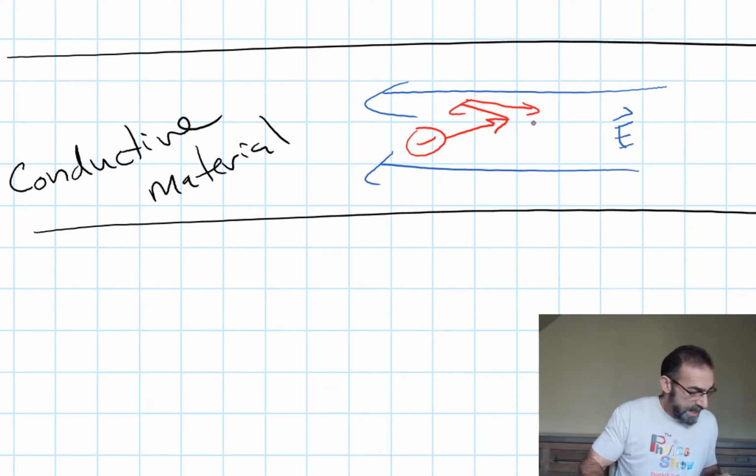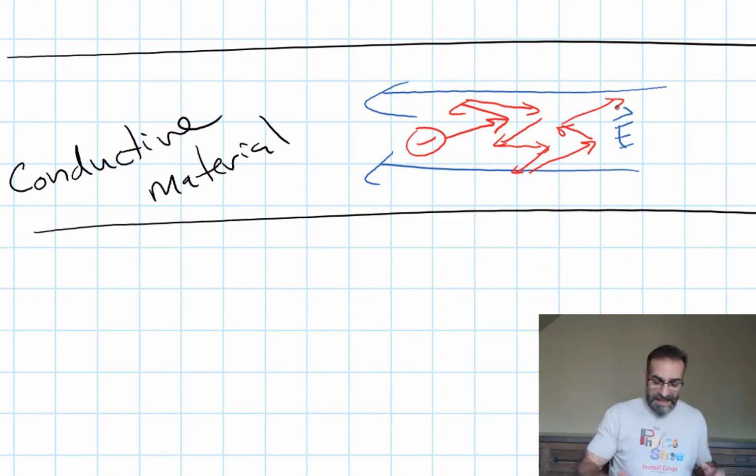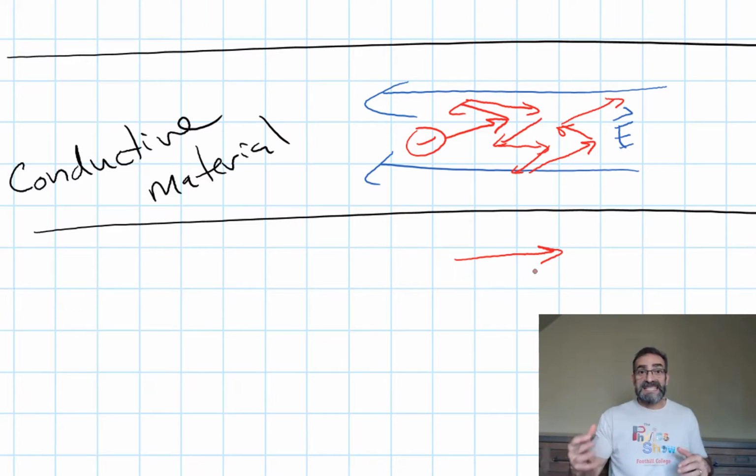And then it collides with something and bounces back, and then it moves this way. And then it collides with something, and maybe it bounces back, and then it moves this way. And it keeps bouncing back and forth like this, but the overall movement is to the right, because that's the direction the electric field is pushing it.